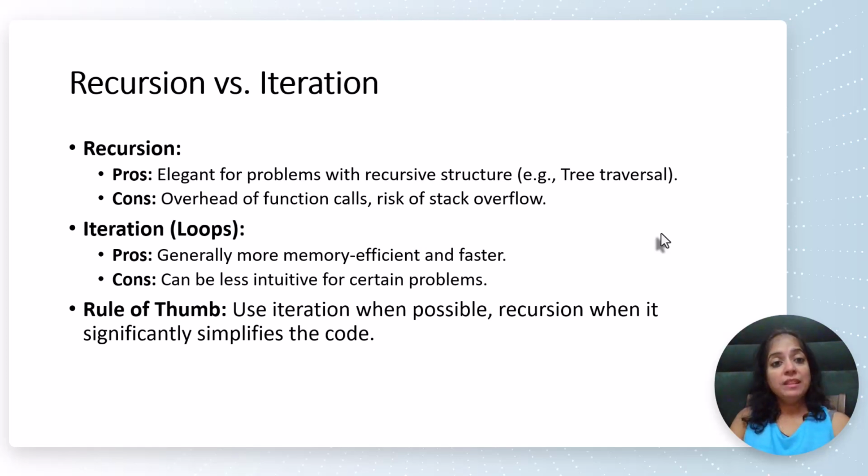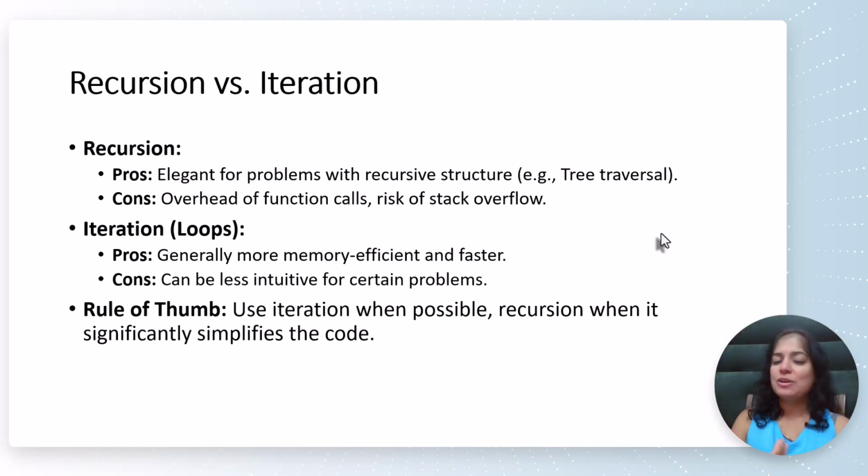So, should we use recursion or iteration? Recursion is good because it provides very elegant solutions for a number of problems. Like for trees and graphs, recursion is best because you can write the code in just a few lines.